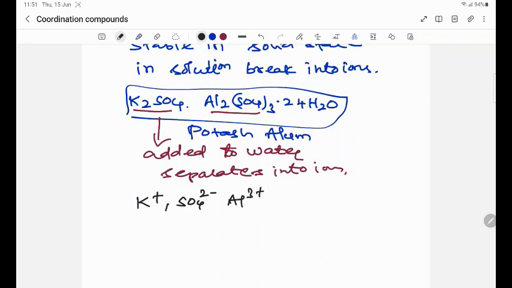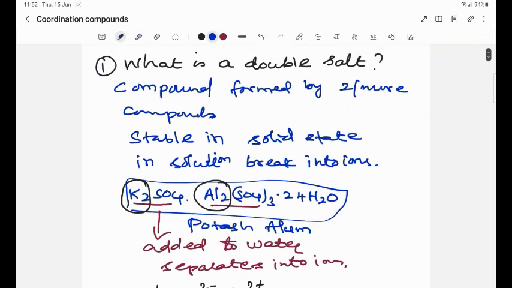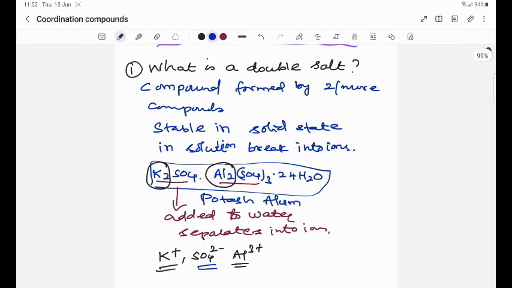So we can find in this solution two metal ions, potassium and aluminium, two cations and an anion SO4. So in solid state it is stable and in solution it is not stable, it breaks into ions. So what is double salt? It is a compound formed by two or more compounds. It is stable in solid state, but in solution it breaks into ions.